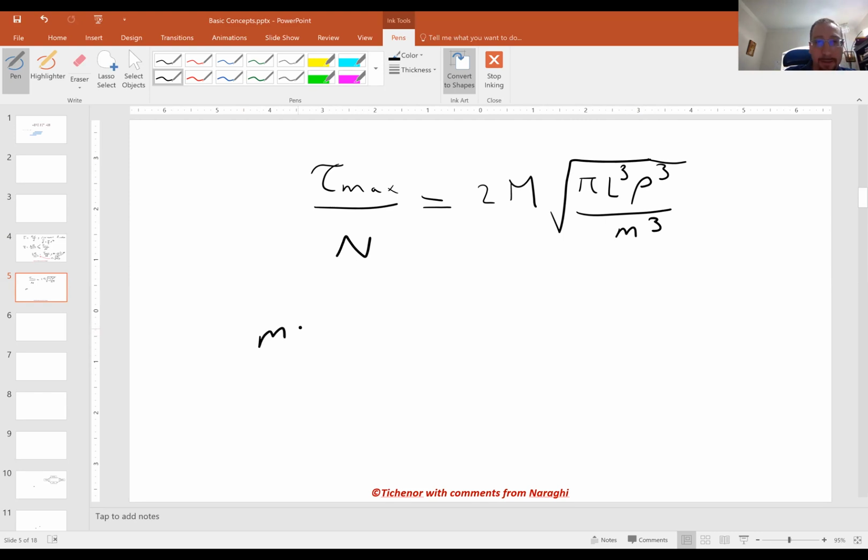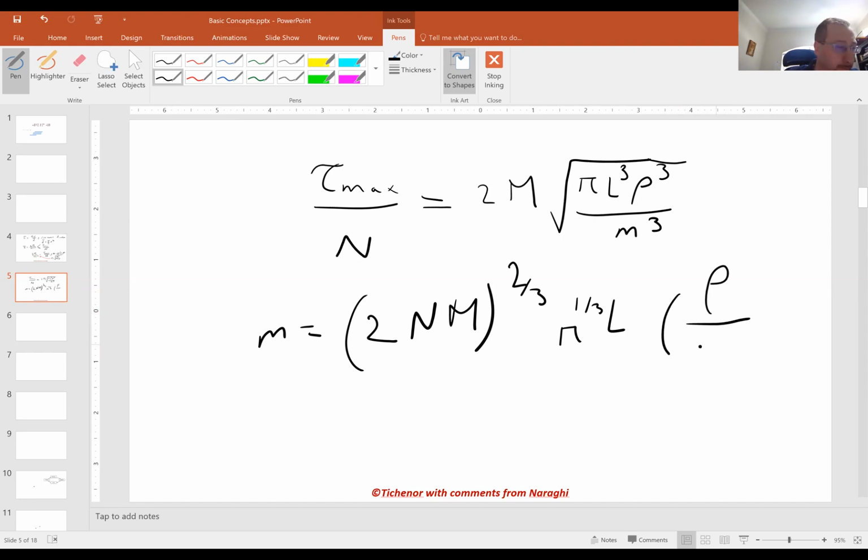If I do that, m will be a very nice equation: 2 times n m to the power of 2 over 3, times pi to the power of 1 over 3 times L times rho divided by tau max, to the power of 2 over 3.